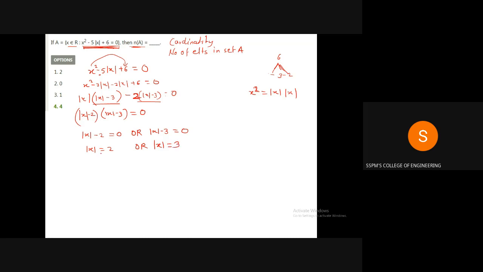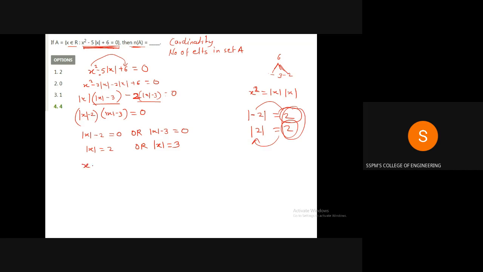So mod x is equal to 2. What is the value of mod? If you take, suppose, minus 2, what is the value of mod of minus 2? It is 2. Similarly, mod of 2 is also equal to 2. So when the value of mod is 2, x can be plus minus 2.